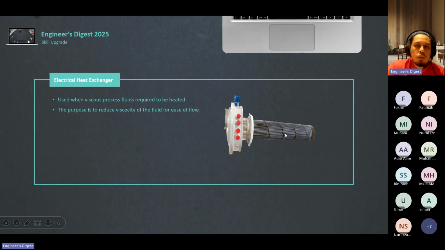Basically, we use this to change the viscosity of the fluid. Because certain fluids, when cold, have high viscosity, so they are not easy to move. If you have this type of electrical heat exchanger, it will give heat, and the viscosity will be lower for ease of flow. It's not much, but it's there.